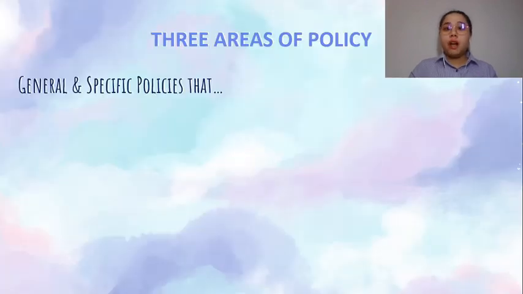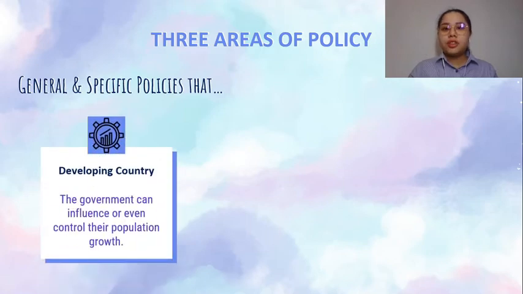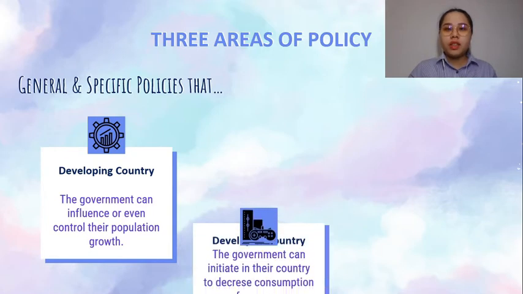In order to bring about a long-term reduction in the overall rate of world population growth, there are three areas of policy that can have important direct and indirect influences on the well-being of the present and future world population. The first is general and specific policy that governments of developing countries can use to influence or even control their population growth.